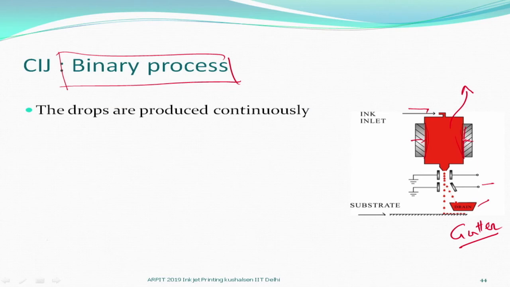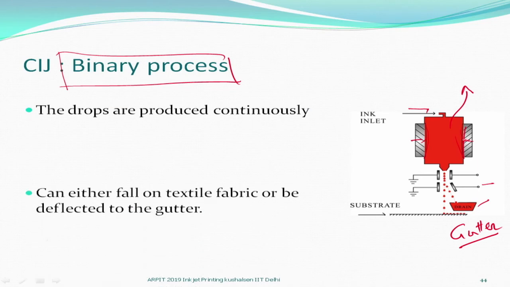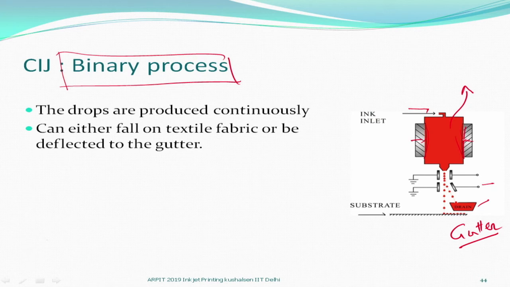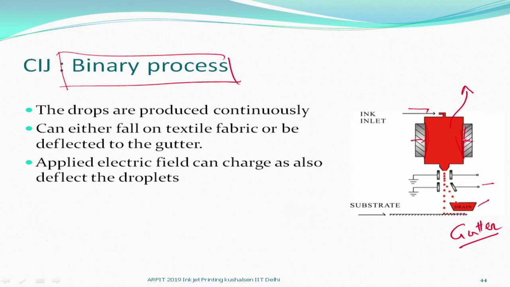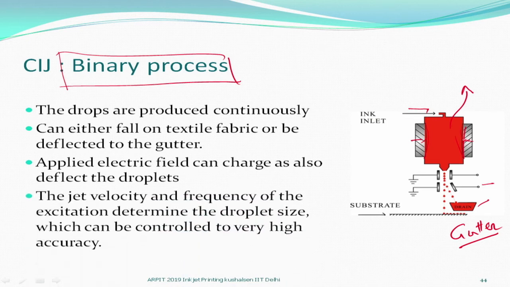The important thing is the drops are produced continuously and can either fall on the textile fabric or be deflected. The applied electric field can charge as well as deflect. The jet velocity and the frequency of excitation determine the drop size, which can be controlled to very high accuracy.